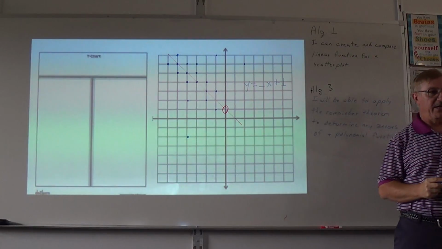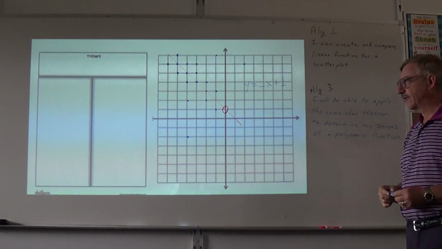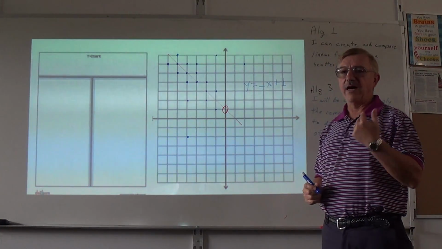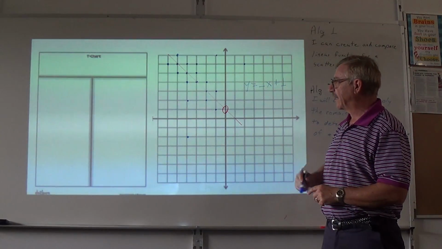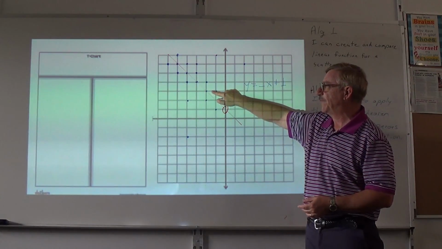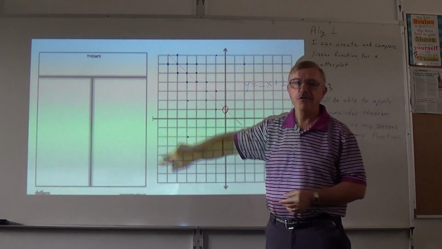Okay, because now I have to find my slope. My slope is going to be rise over run. So if I just want to go from here to the next dot that goes through, but I don't have to go up to that point because I can see that my line is going straight up through my graph.